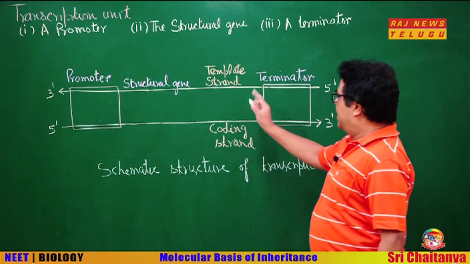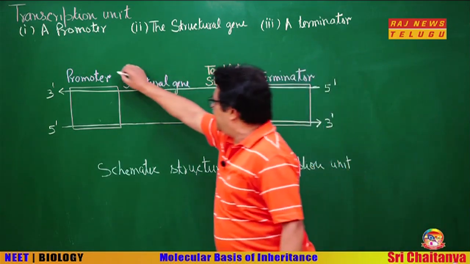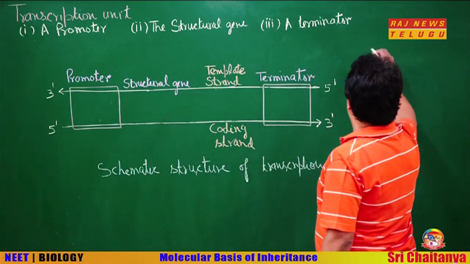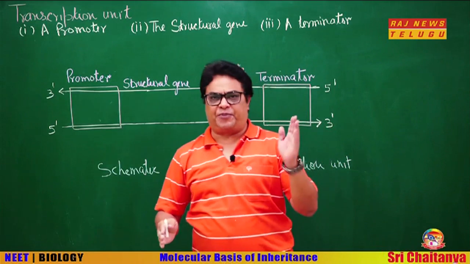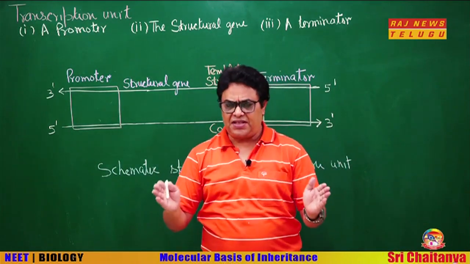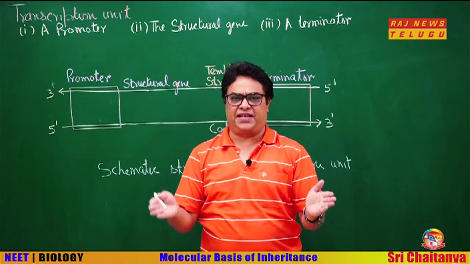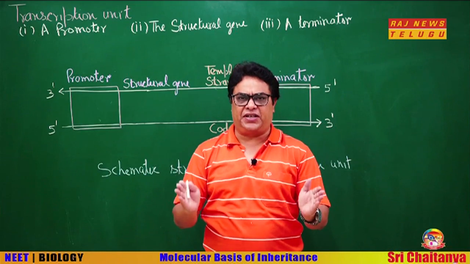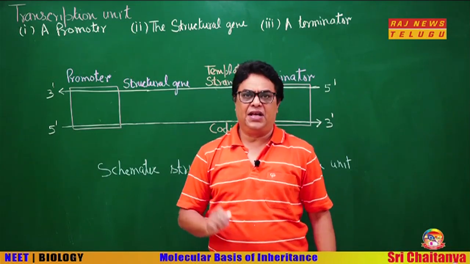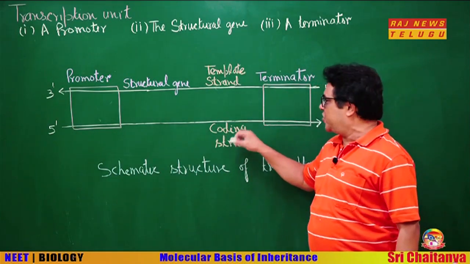Now, the other components of the transcription unit are the promoter and terminator. It means the structural gene has a promoter on one side and a terminator on the other side. Being present on both sides is called flanking. So, we say that the structural gene is flanked by the promoter and the terminator. And we said that all the references of direction are taken from the coding strand.